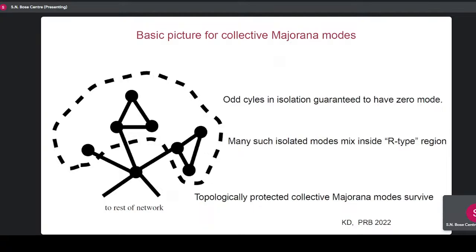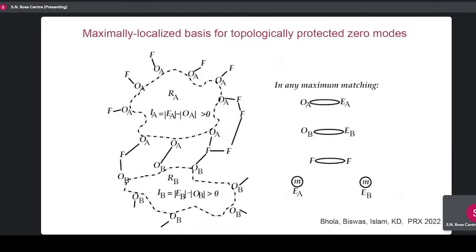And before I realized all this, just thinking about it, there's one statement you can make. You can realize immediately that if this number I is odd, then when you add these AA couplings, you can prove that one zero mode survives in every R-type region that has an odd imbalance, and none survive if it's even. That much we know.